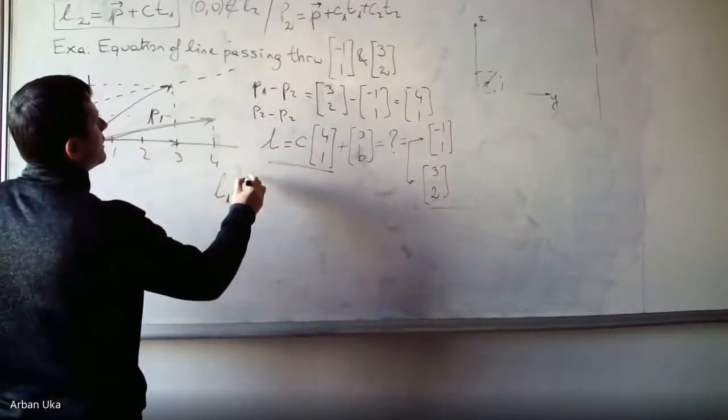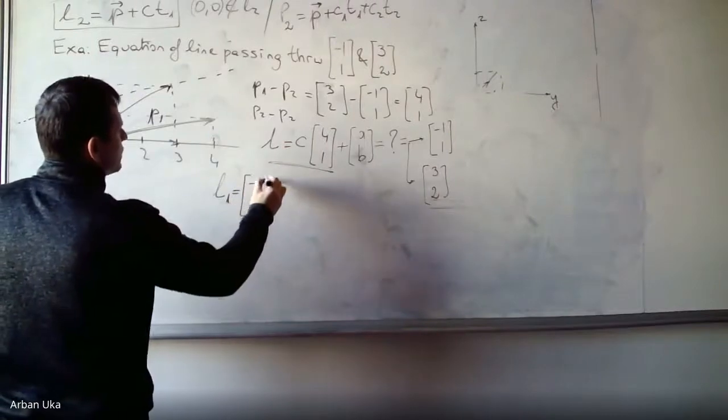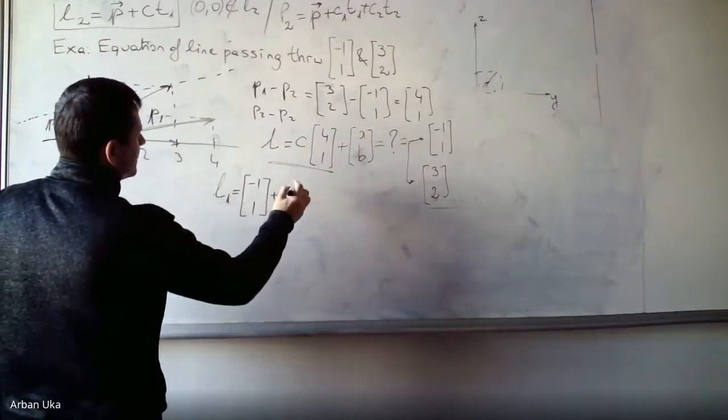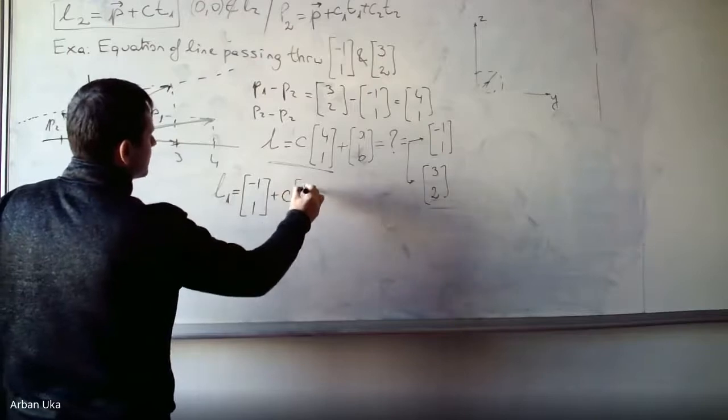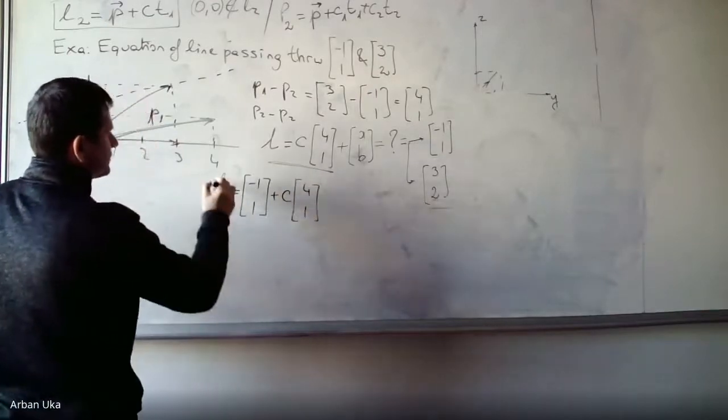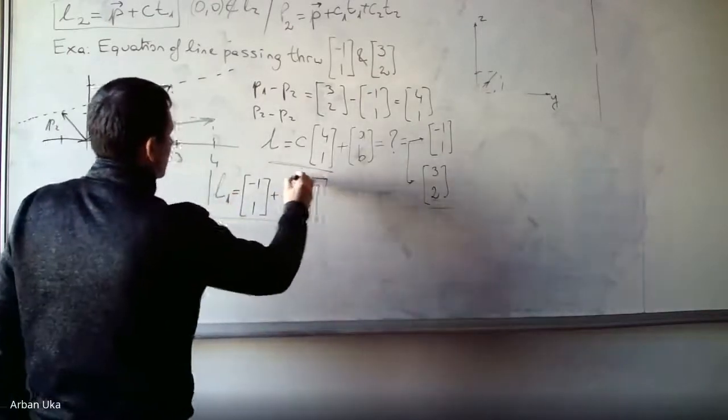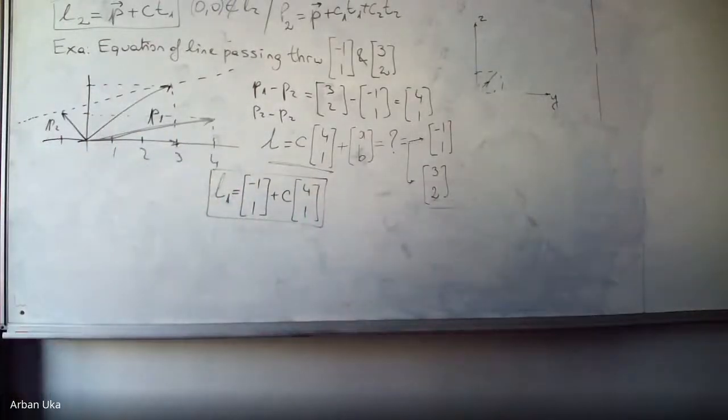So line L1 can be (-1, 1) plus c, where c is any constant, times (4, 1). So this is a possible answer.